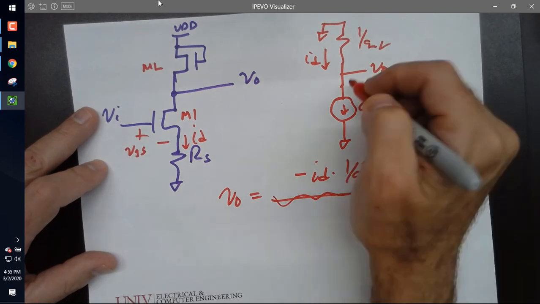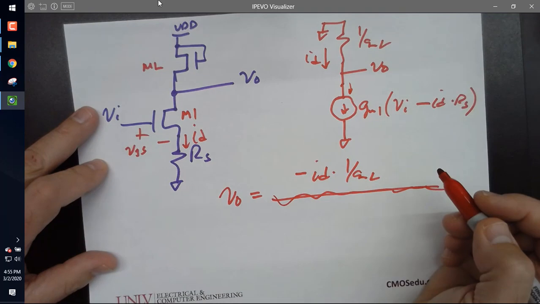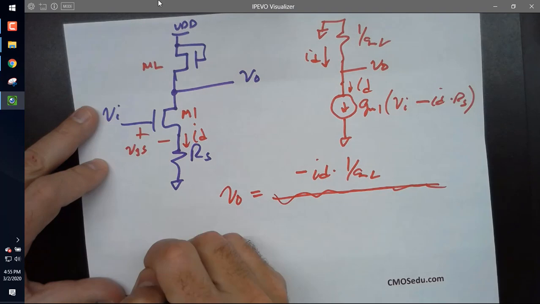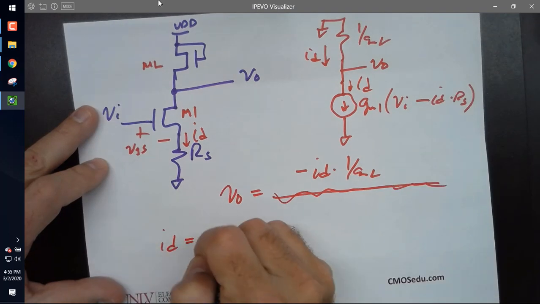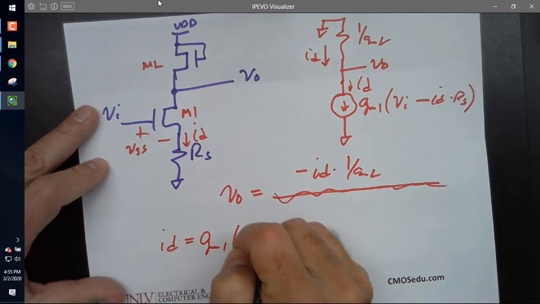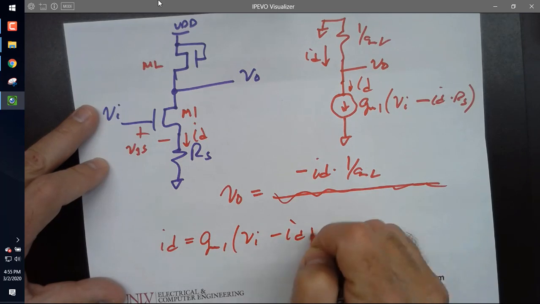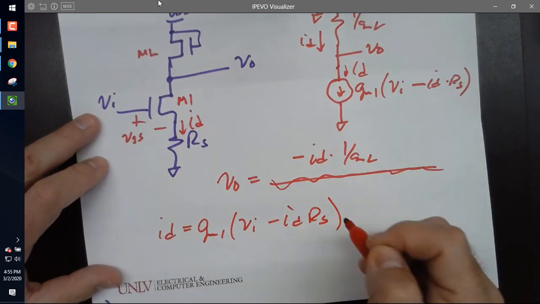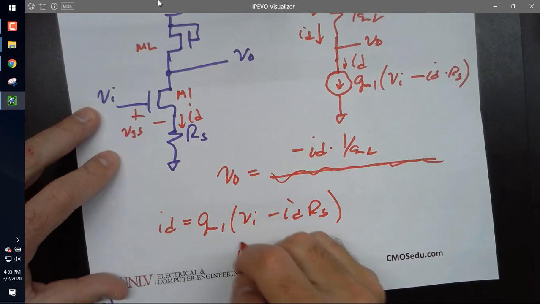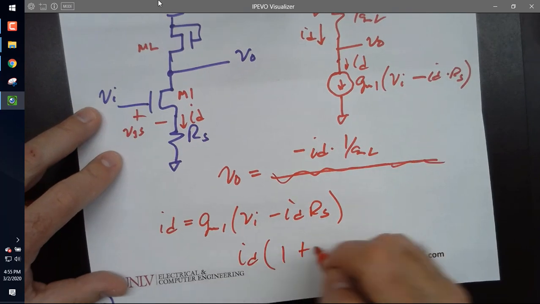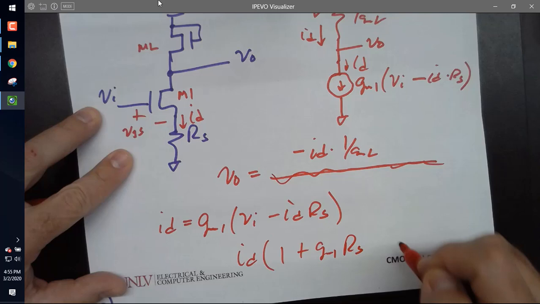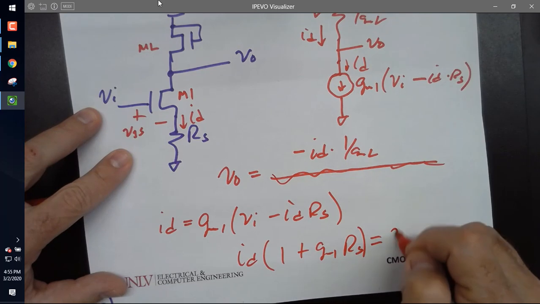ID equals GM1 times VN minus ID RS. I'm going to move this to the other side, so I get ID times 1 plus GM1 times RS equals VN.